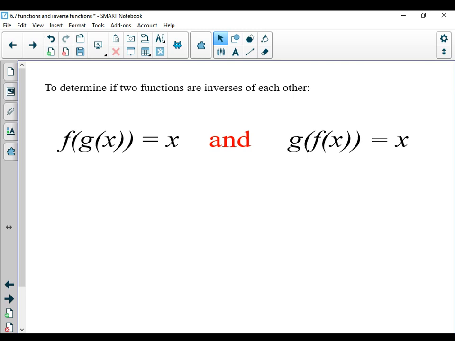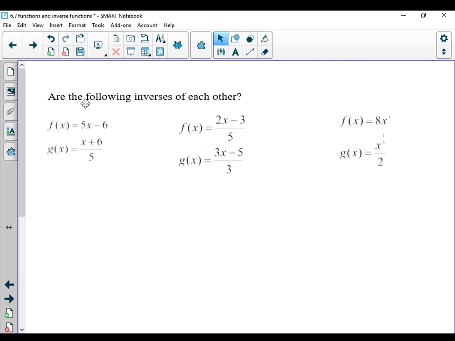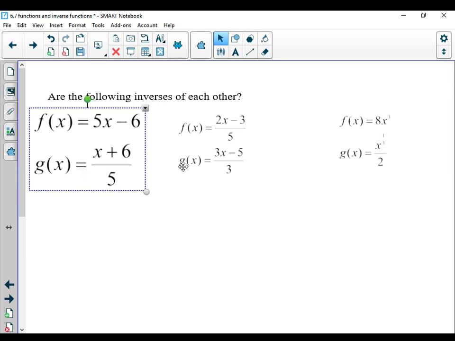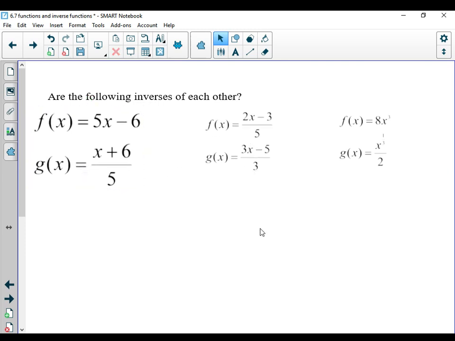Okay, so let's try an example. So let's look at that first one I just enlarged. So we are going to prove if these two are inverses of each other. Okay?